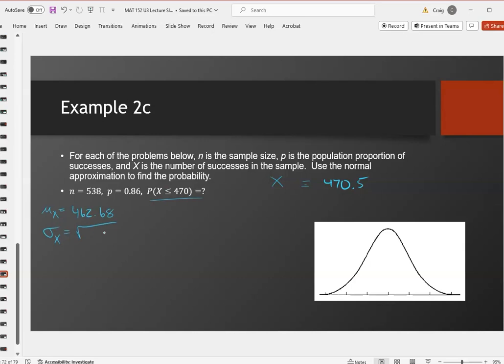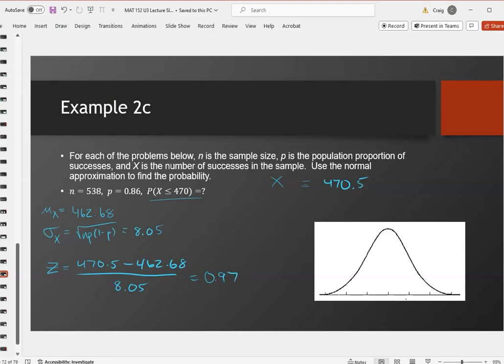You get 8.05. And then we can find Z: 470.5 minus 462.68 divided by 8.05 is 0.97. We'll just go with 0.97.